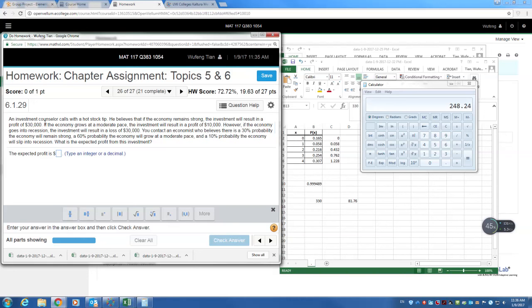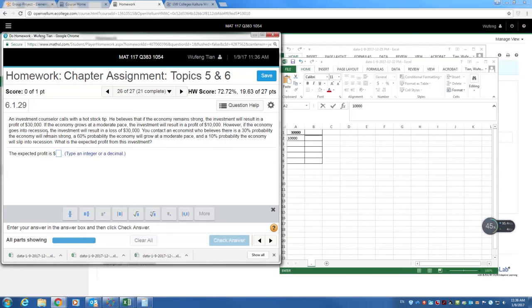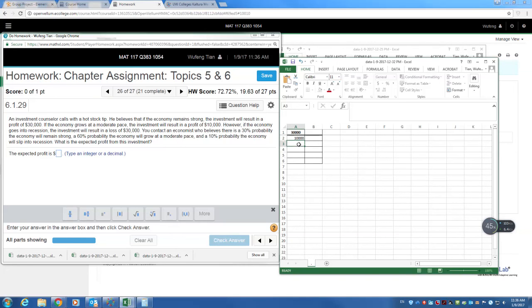Okay, so this should be the same as the previous one. You use the probability times the investment result. The investment account believes that if the company remains strong, the investment results in $30,000. If the company grows moderately, $10,000. However, if the economy goes into recession, the investment results in a loss of negative $30,000.